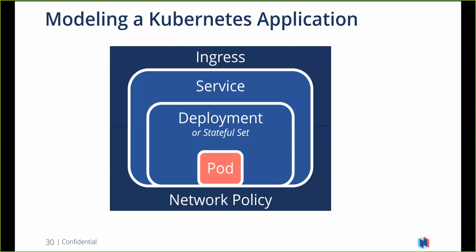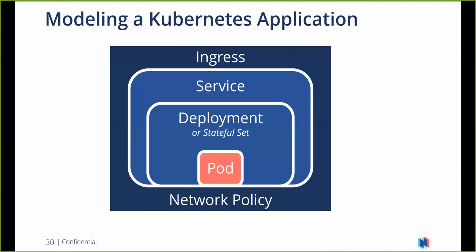That is defined through ingress rules as far as which URL paths or what types of traffic can be allowed into your application. So all of these, the pod, the deployment and stateful set, services, network policies, and ingress is typically what it takes to define one service within your application.